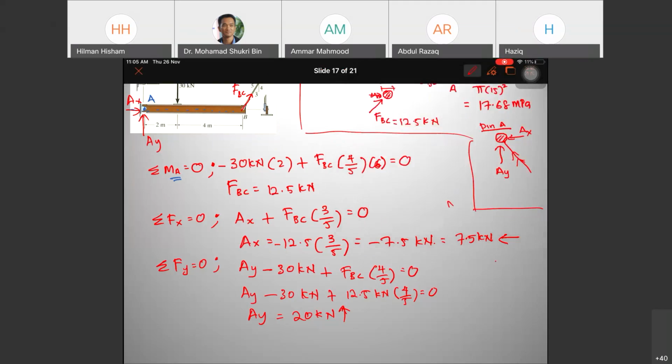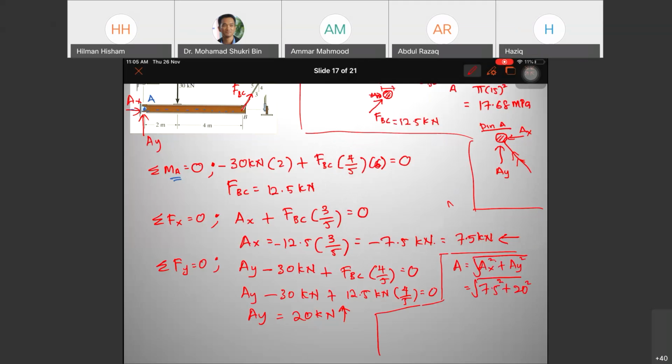So for pin A, you need to find the resultant of pin A. A is equal to the square root of AX squared plus AY squared, which is the square root of 7.5 squared plus 20 squared.